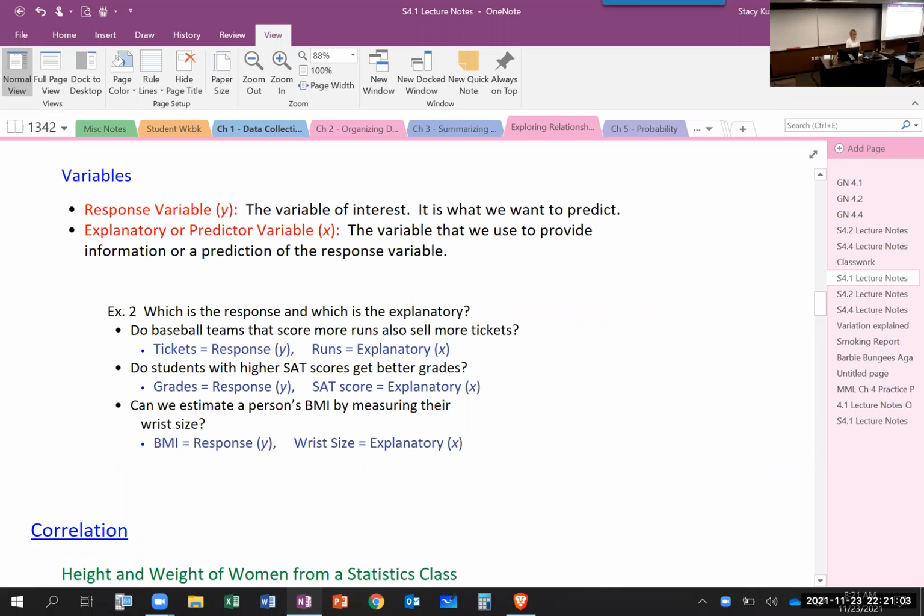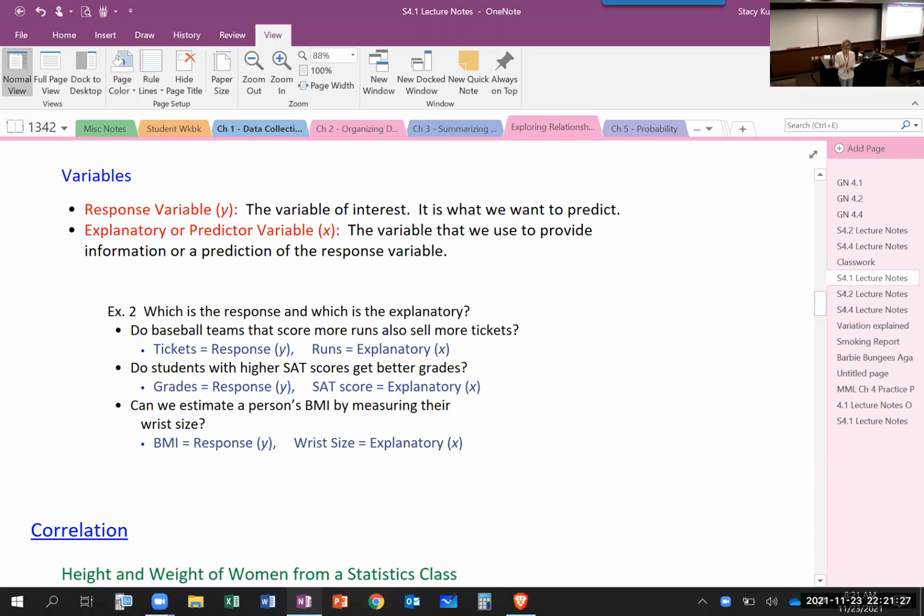And here I have three examples, and the answers are already put up there, but we'll go through them anyway. It says, which is the response and which is the explanatory? So in the first bullet, it says, do baseball teams that score more runs sell more tickets?